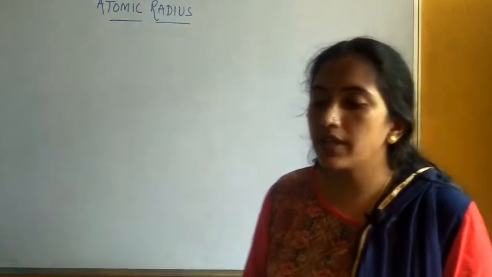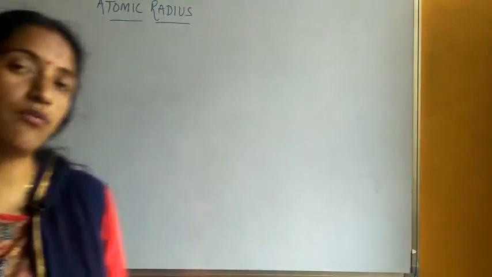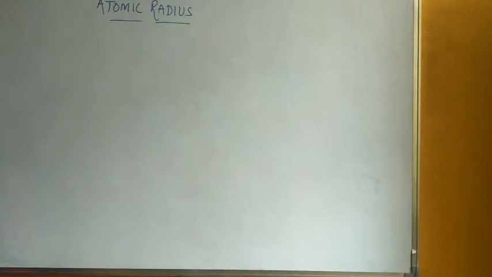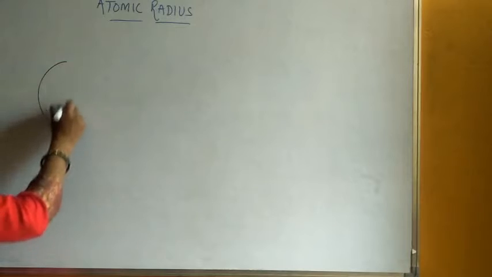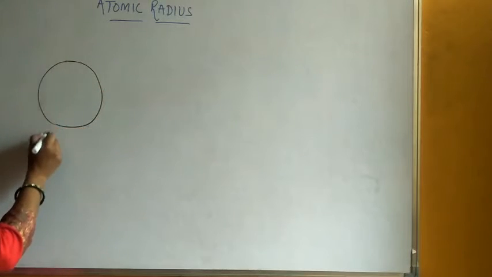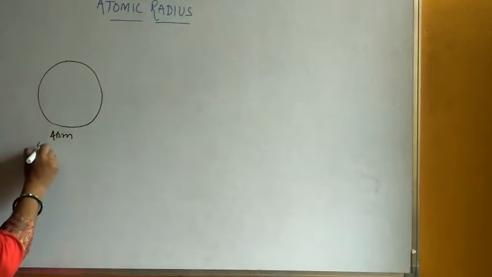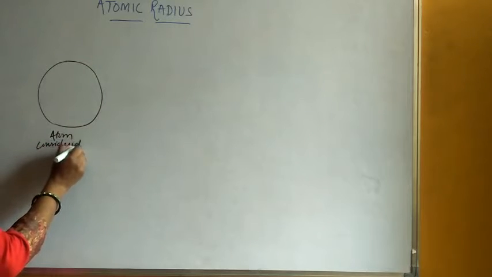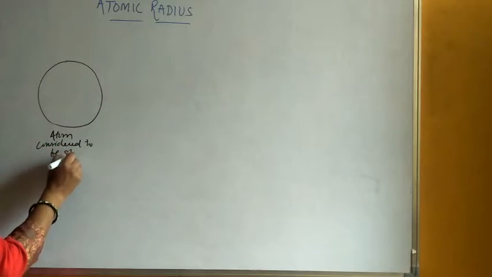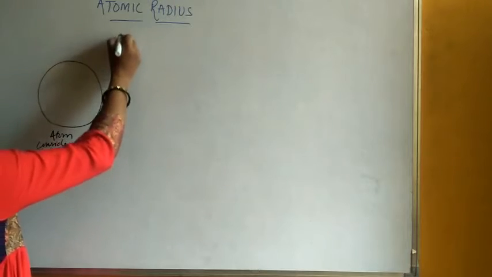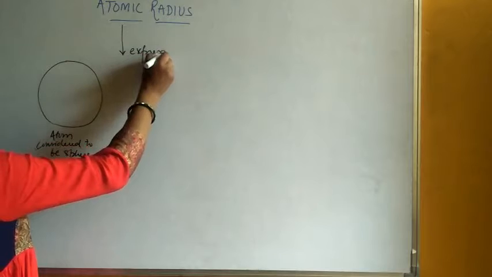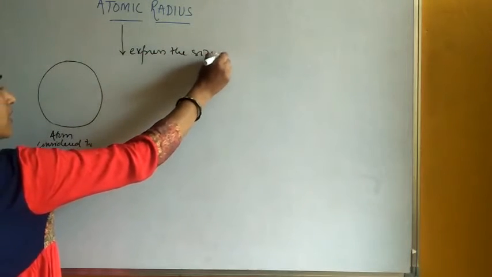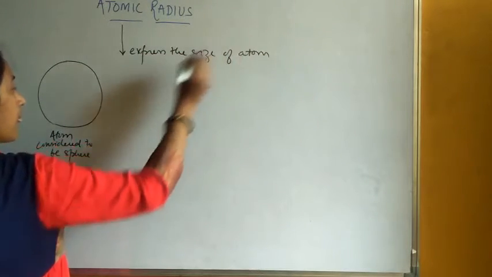So if an atom is considered to be a sphere, then the atomic radius just expresses the size of the atom, right?